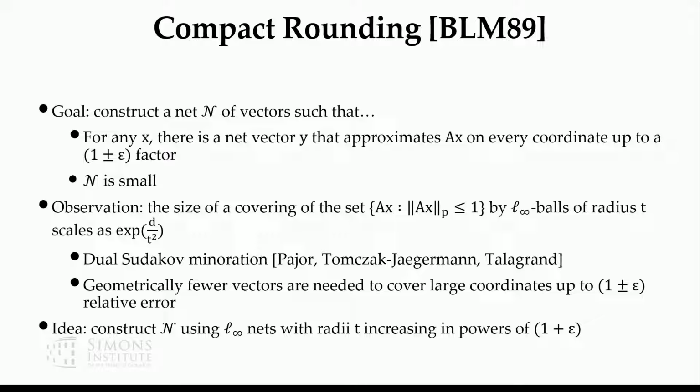If you look at L infinity balls of radius t, the size of the net that you need is exponential in d over t squared. I'm not going to prove this or give any intuition, but the point is, when t is large, the net size is smaller, as you would expect, because you have larger L infinity balls that you can use to cover vectors in your LP ball.